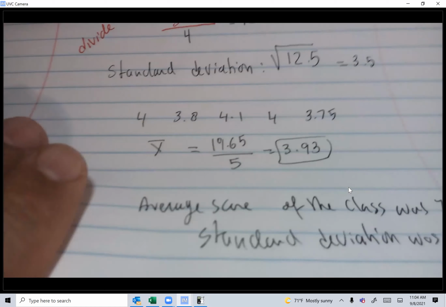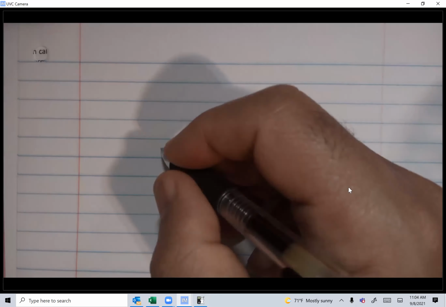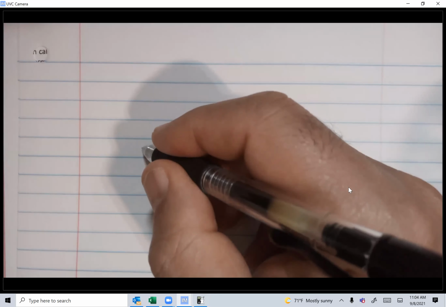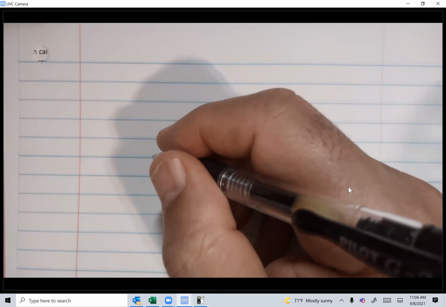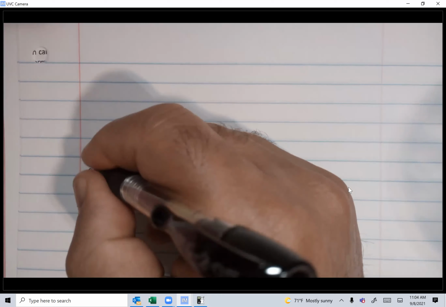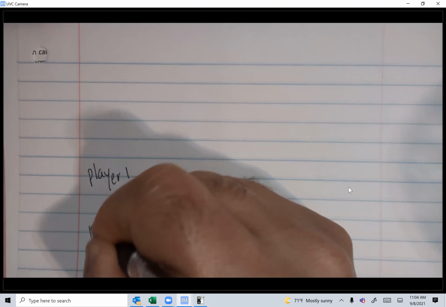I'm going to give you another scenario, which is an example that I use a lot in my classroom so students can comprehend the concept of standard deviation. Let's say you are a basketball coach and you want to hire a new player. So you interview two players, player one and player two.